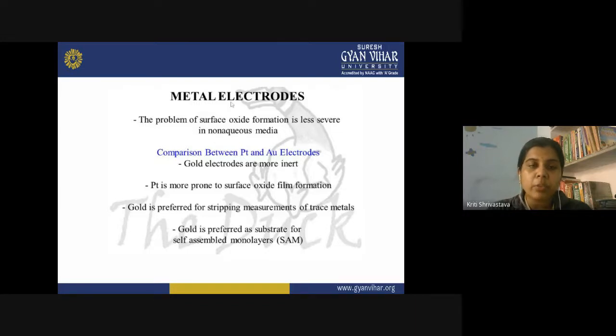So in non-aqueous media, the surface oxide formation is less. And when you compare the platinum and gold electrodes, the gold electrode is more inert. The platinum is more prone to surface oxide film formation, and the gold is preferred for stripping measurement of trace metals. Generally, it is used for the preparation of SAM electrodes, that is self-assembled monolayers.